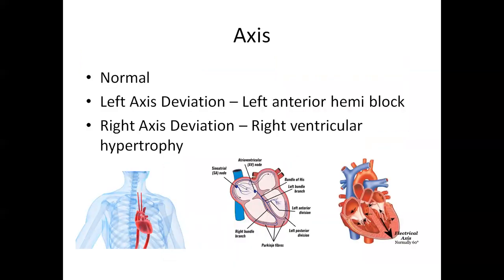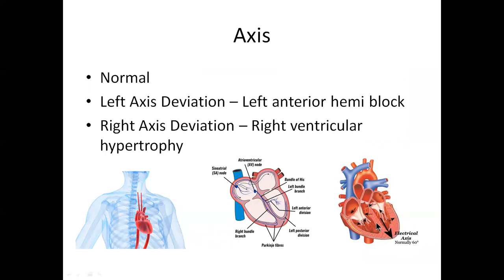Want to teach you one more thing. What causes right axis deviation? There are many causes, but this is an easy one you can remember. The main reason for the electrical axis to be this way is because the bulk of the heart muscle is found in the left ventricle.